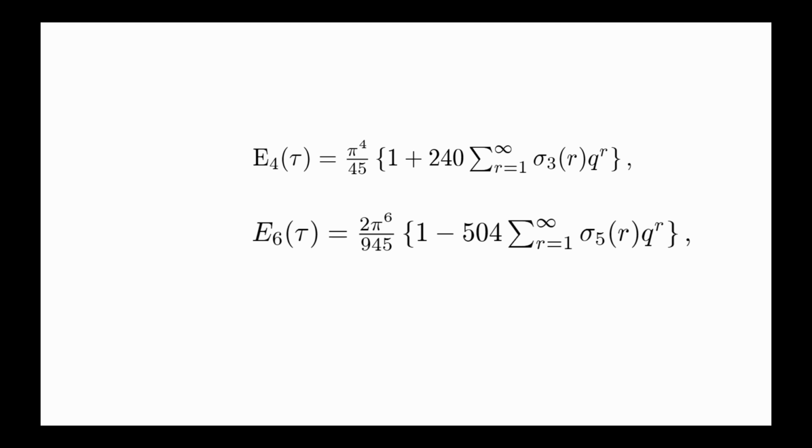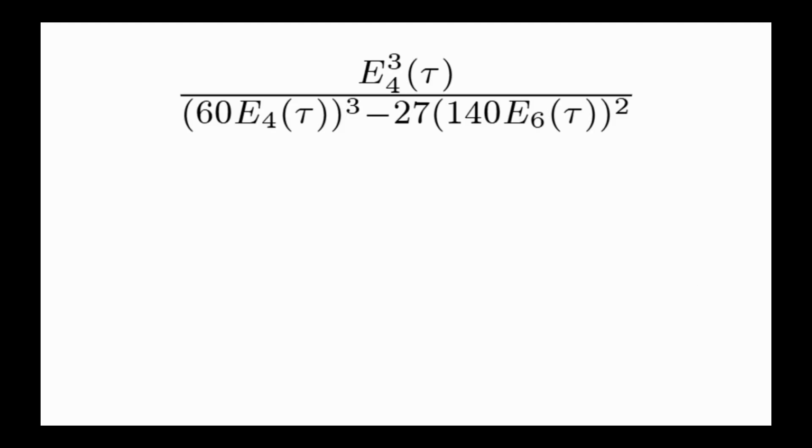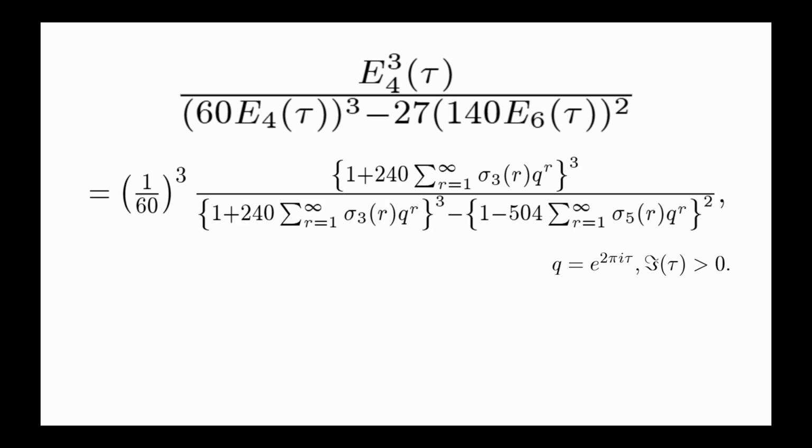And we are going to replace these evaluations in this function which we have constructed. And when you simplify all the terms, this expression becomes equal to this thing on the screen.